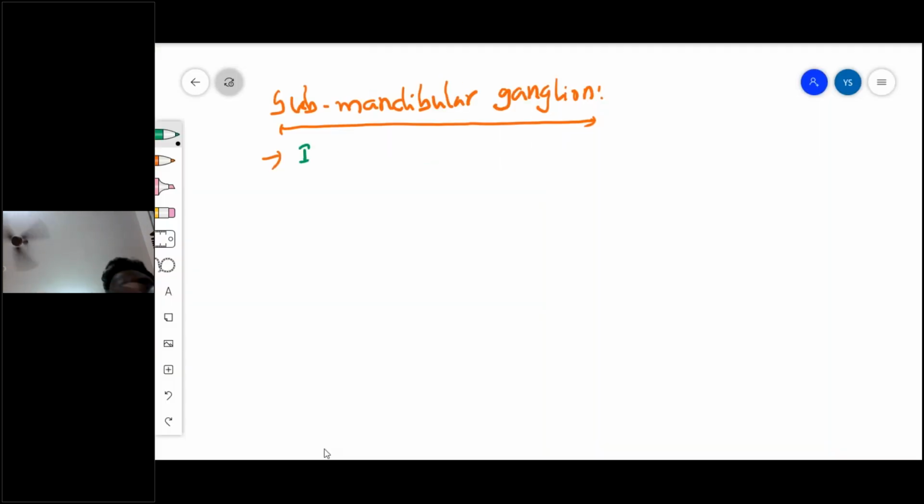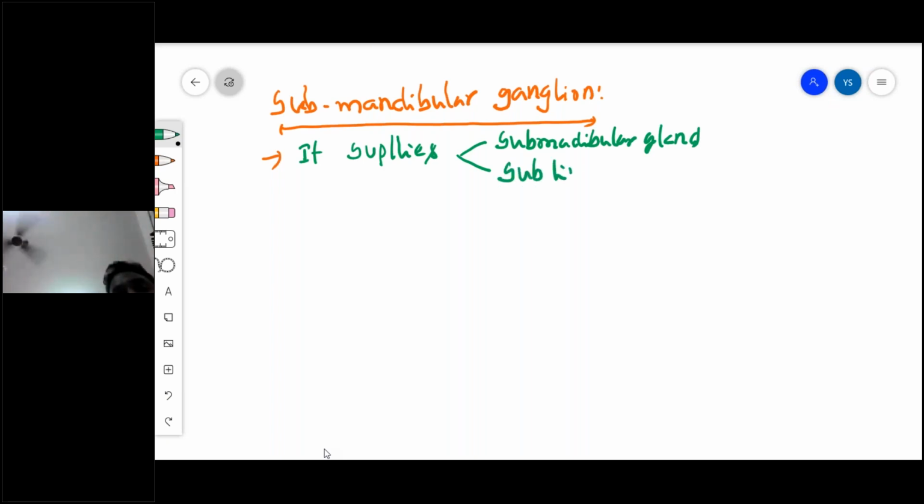So the submandibular ganglion supplies two glands. One is the submandibular gland, and another one is the sublingual gland.